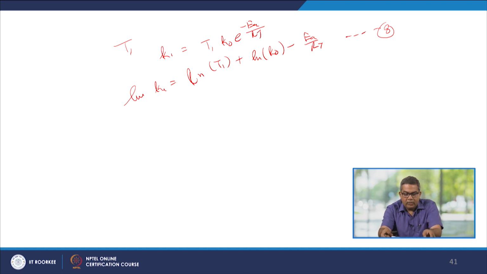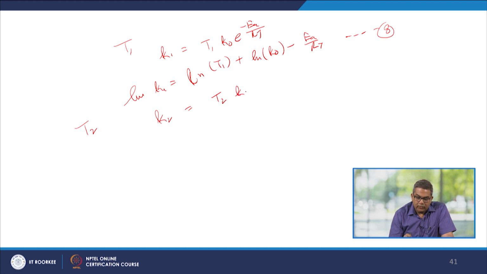Now, if we talk about the temperature T2, k2 can be given as T2 k0 e^(-Ea/RT2), and ln k2 is ln T2 plus ln k0 minus Ea upon RT2.